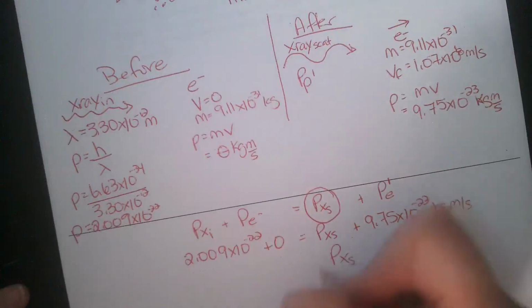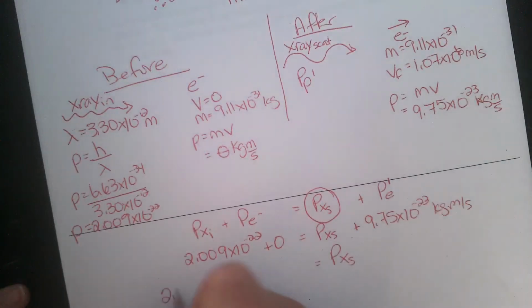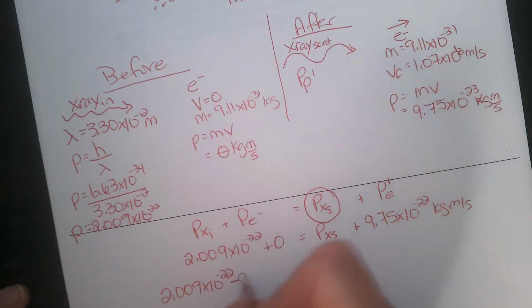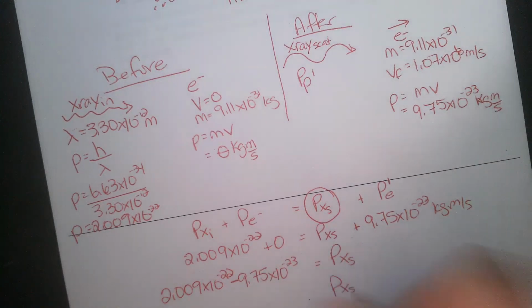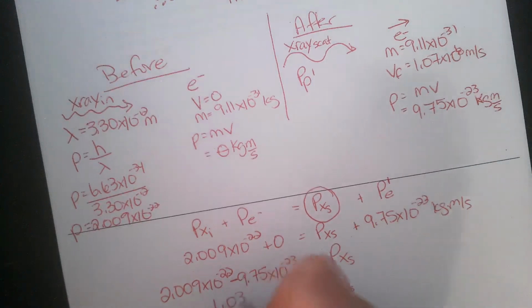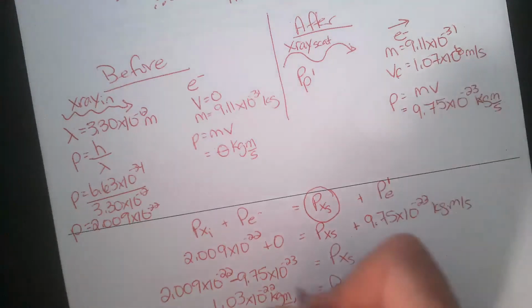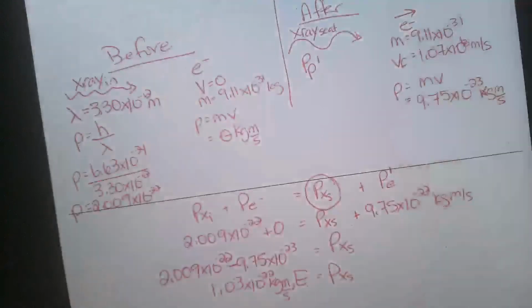So P x scattered is going to be equal to 2.009 times 10 to the negative 22 minus 9.75 times 10 to the negative 23. So our momentum of our scattered X-ray should be 1.03 times 10 to the negative 22 kilograms meters per second. Momentum is a vector, and it's heading east.